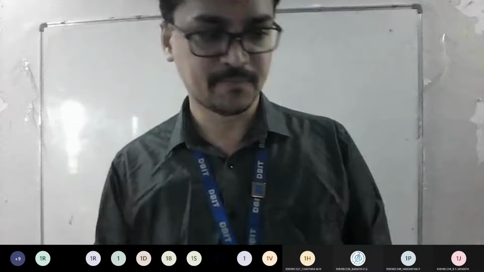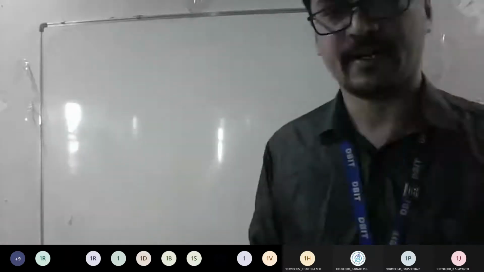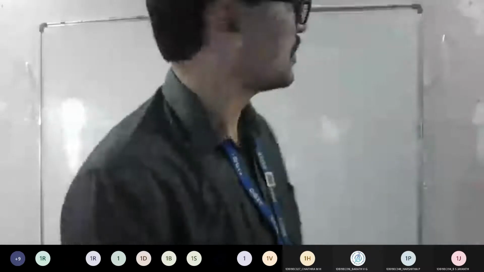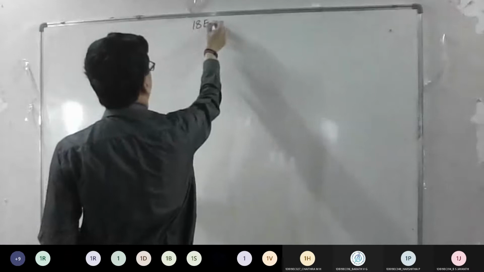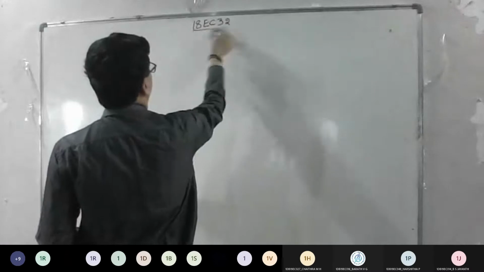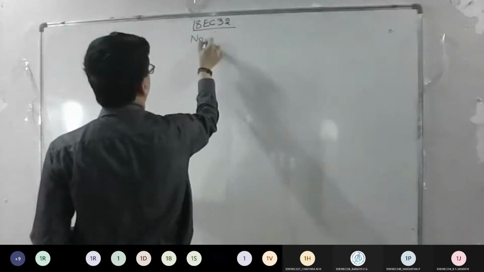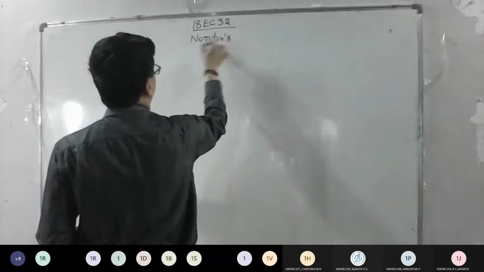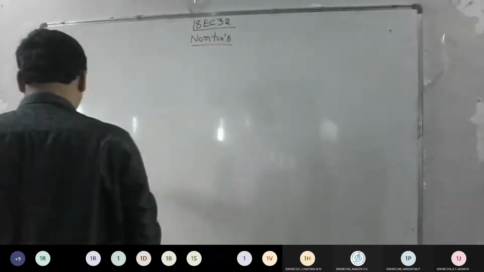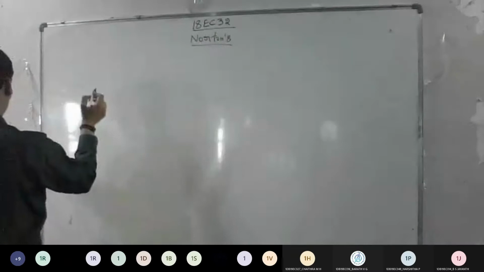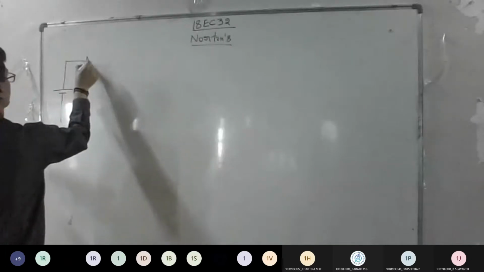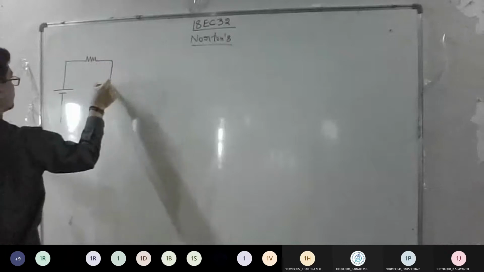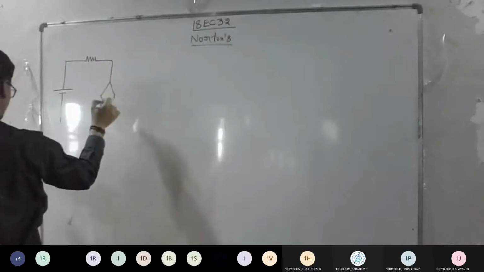Okay. Write the question. Find the current through 16 ohm resistor using Norton's theorem.